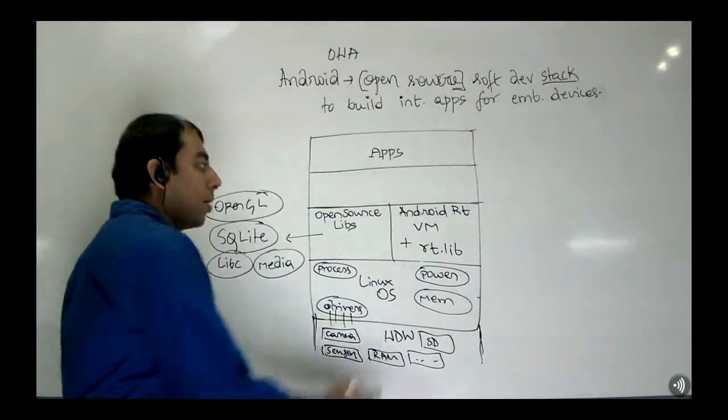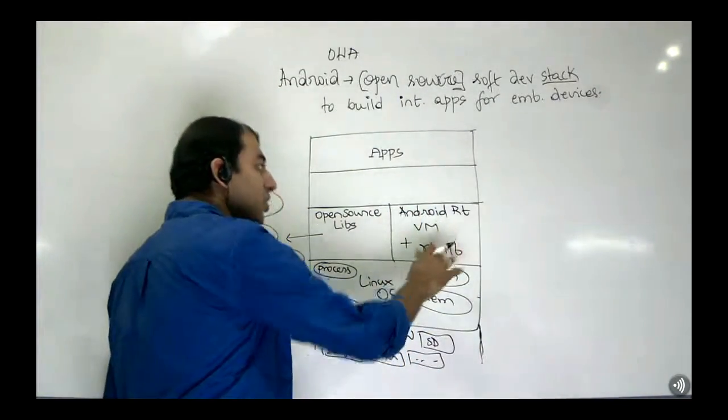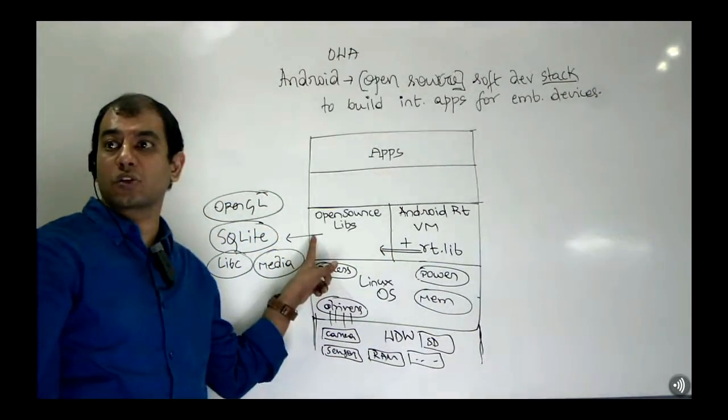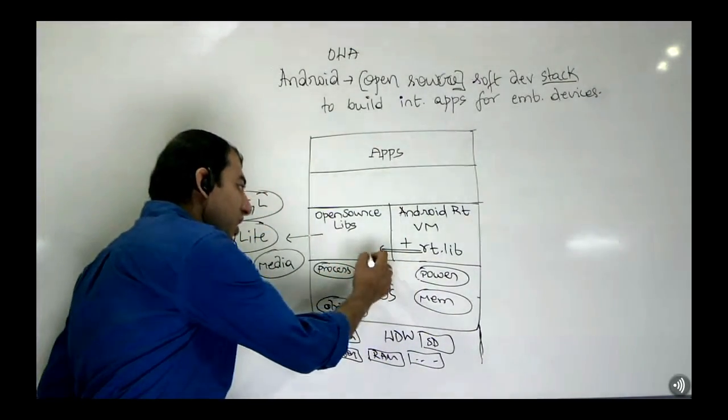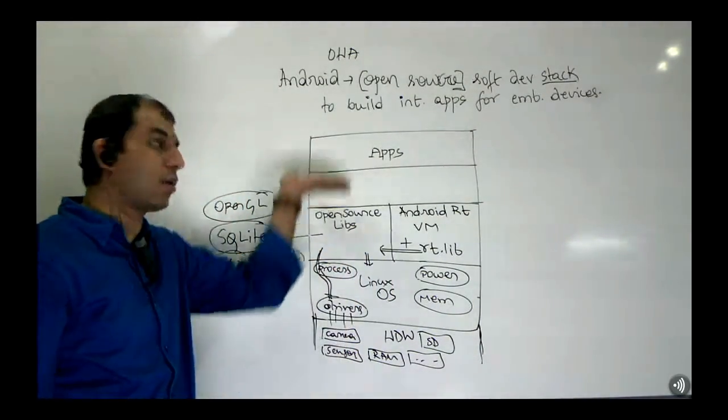So the VM and the runtime library were built from scratch, and there were additions to this runtime library which could now interact with open source libraries. And the open source libraries interact with the OS and the drivers to give you the features of the hardware to the layers above.